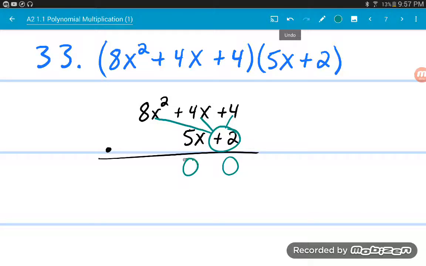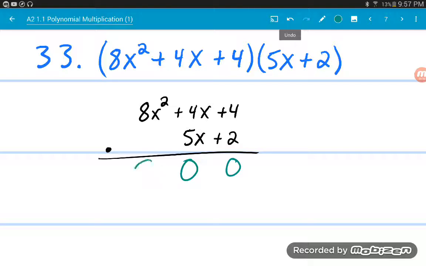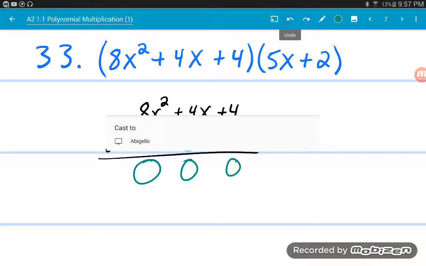And you bring them all down here. Then once you've done that, you have all these terms down here, whatever they are. You take the 5x, and you multiply by that, that, and you bring them down here, here, and here. So that's like the flow to it. That's where everything goes. I keep hitting the cast button.